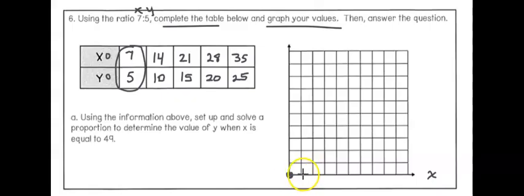So I go 7 and then 14, and I just mark every other tick mark, but my scale is 7 because from 0 to here is 7, from 7 to 14 is 7. Now from 14 up 7 is 21, but I'm not going to write it there. I'm going to skip that because it's going to get crowded. 21 to my next tick mark, it's my 4th one over. That's 28.